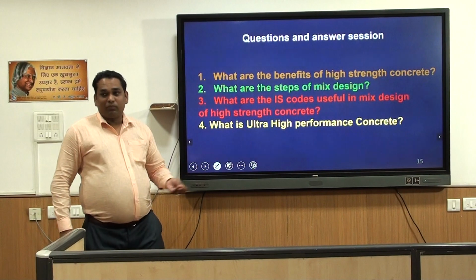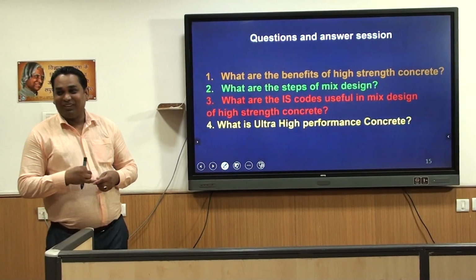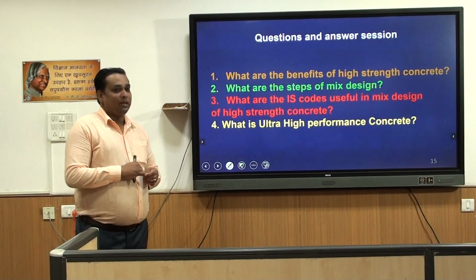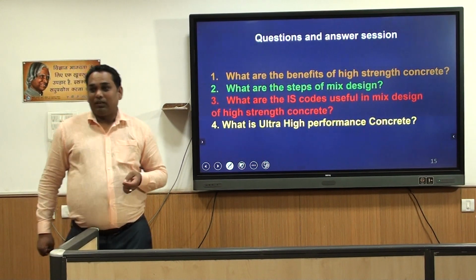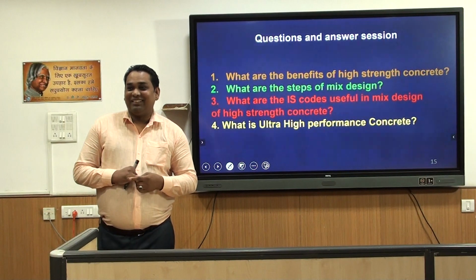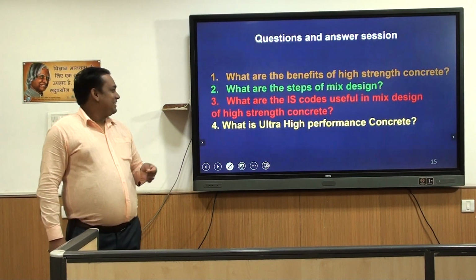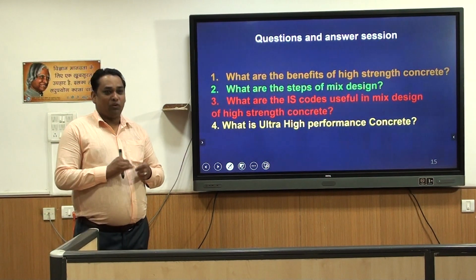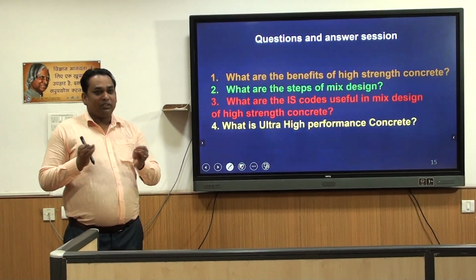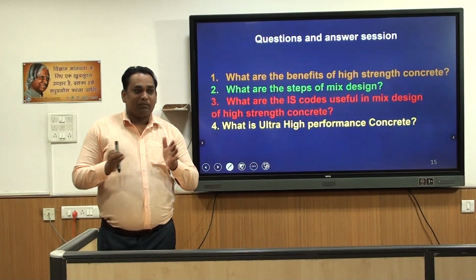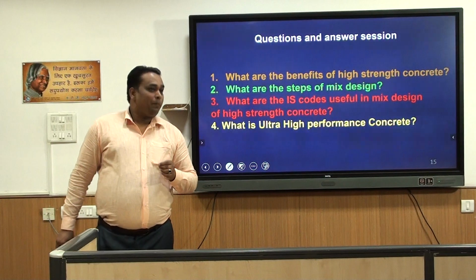So there are some questions for you. If you have understood, then you can answer. What are the benefits of high strength concrete? Anyone please answer. Section size reduce. Very good. Dead load reduce. Ultimately cost reduce. Cost also, because cost is a very heavy part of research, because we have to check the cost part also.